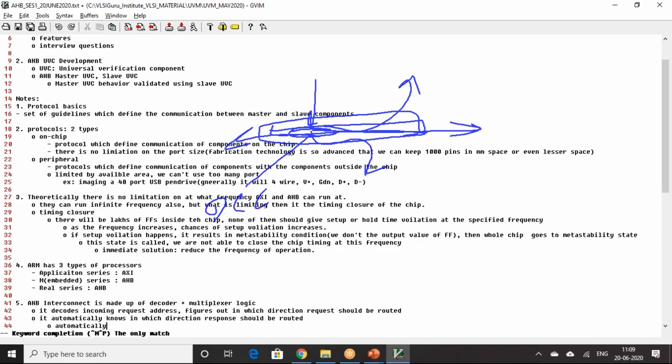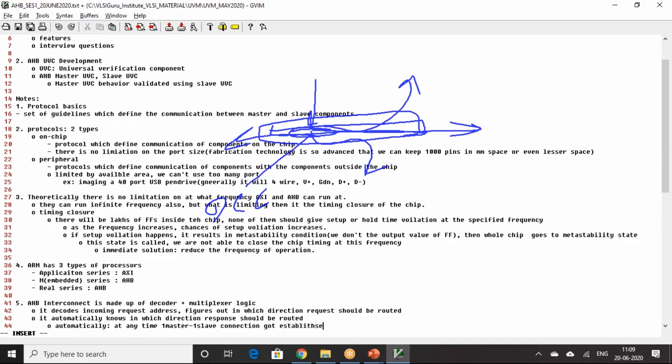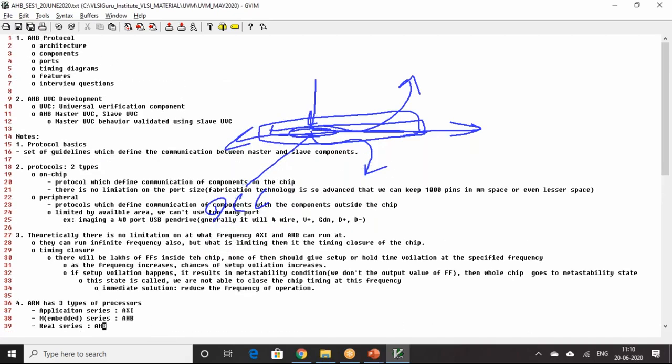Now the question will be explained automatically. At any time, one master, one slave connection gets established. So the interconnect knows which master is active now, and in that direction it will send the response. So let's say I had initiated in this direction, for example.